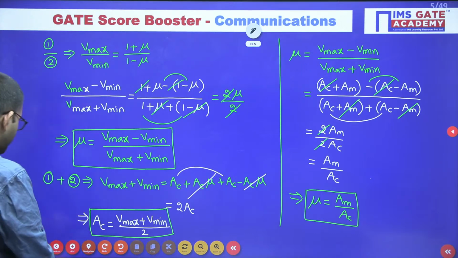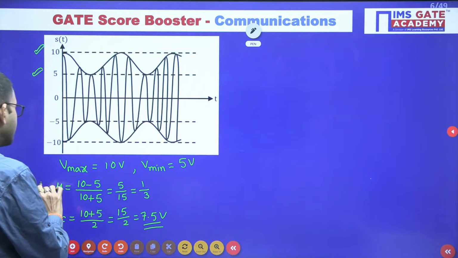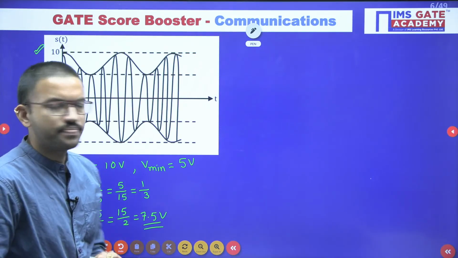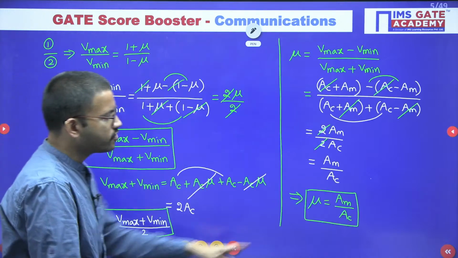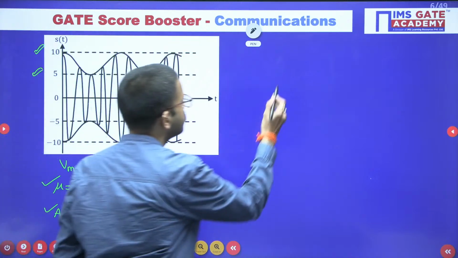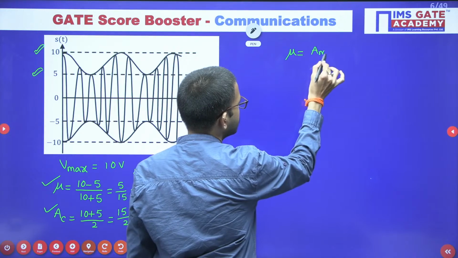Now we are going to use that formula. Here we got mu, we got AC. Now we are going to calculate AM. As of now we got one more formula for modulation index as AM by AC. Now I am using that formula, modulation index mu equal to AM by AC.